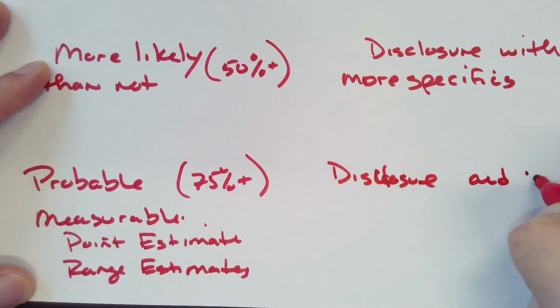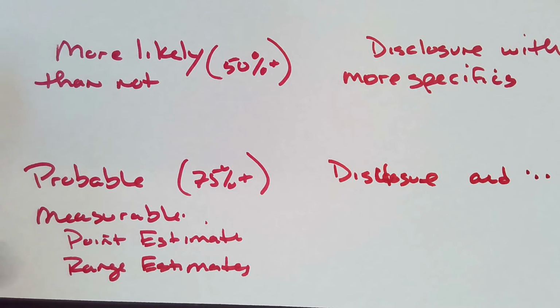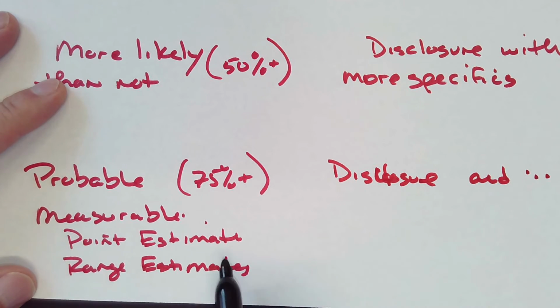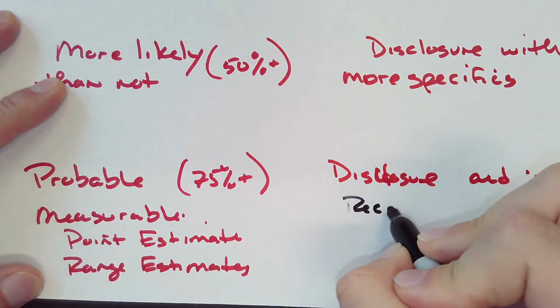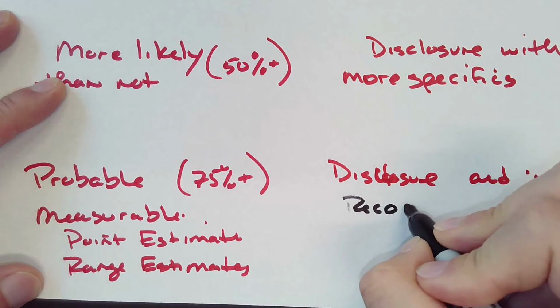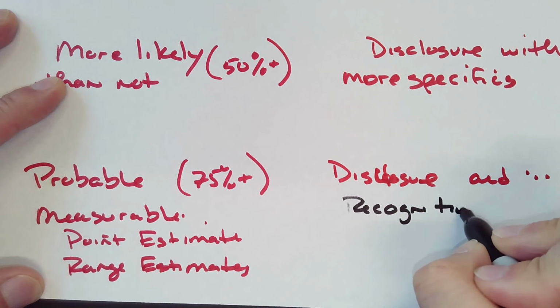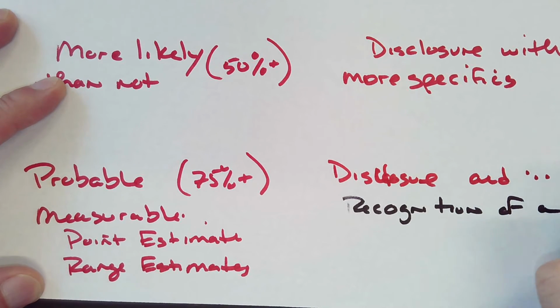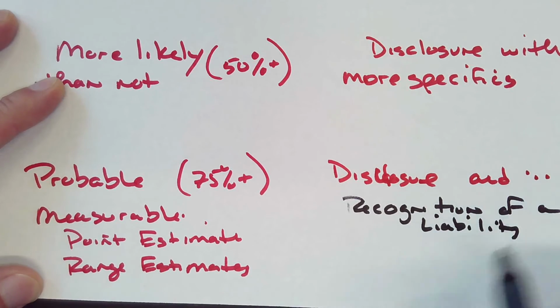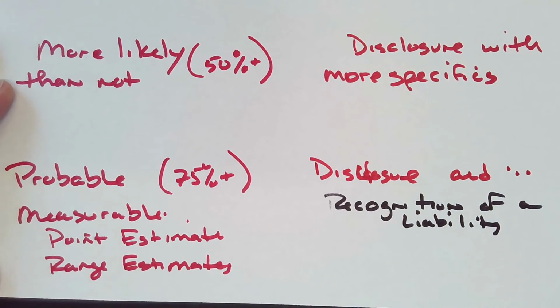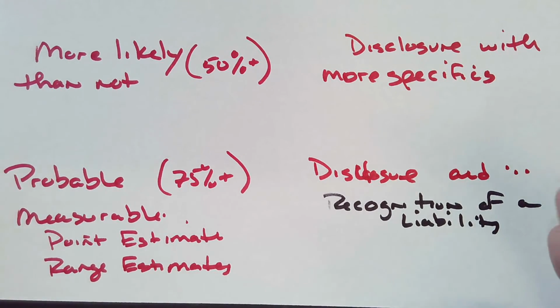And it will also need some accrual, some recognition of a liability. And the related expense, right? We're going to increase the liability, and therefore we're going to decrease our overall equity, our overall worth through an expense.